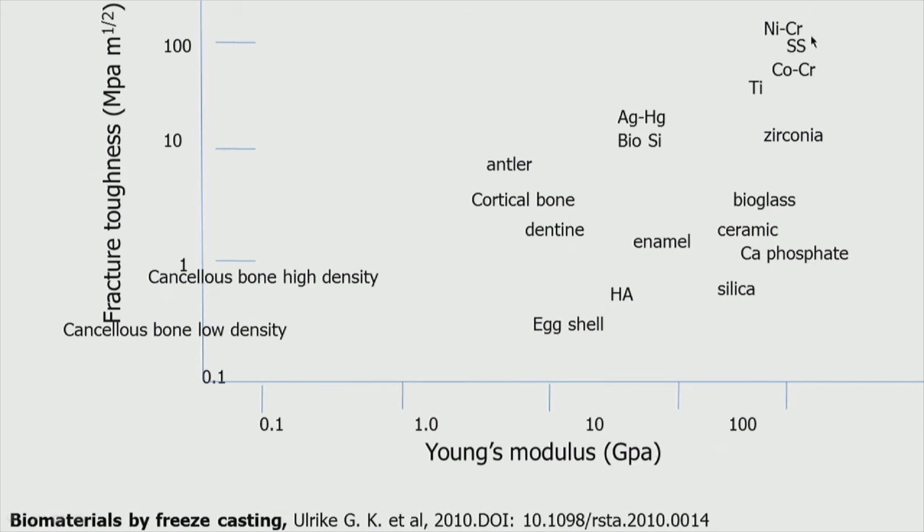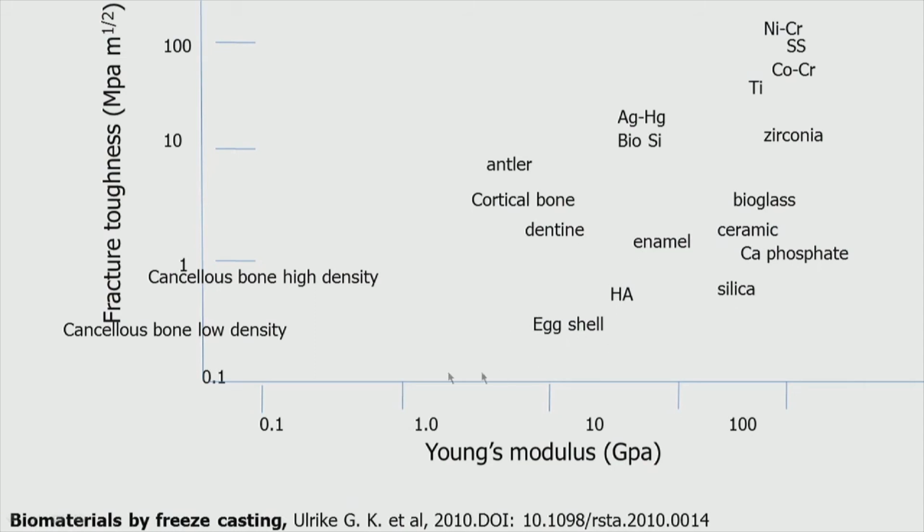Whereas, if you take metals like nickel, chromium, stainless steel, they have very high Young's modulus and very high fracture toughness. Zirconia, of course, is not bad, it is coming up in fracture toughness. In the metal area, you have amalgams, then we have titaniums. If you look at zirconia or bio silica based material or bioglass, they have quite high fracture toughness when compared to the remaining ceramic materials like ceramic, calcium phosphate, silica, hydroxyapatite.